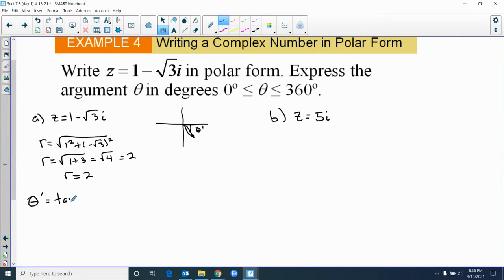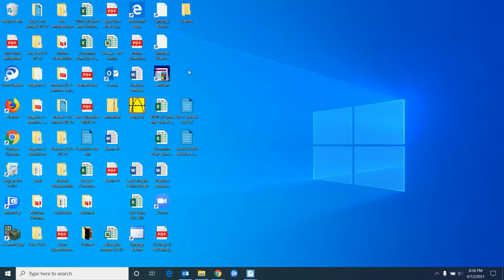Reference angle equals inverse tangent, absolute value. Normally I'd put negative there, but since I'm taking the absolute value, I'm just going to drop that, over 1. All right, let's pull out my calculator in case I need it later.